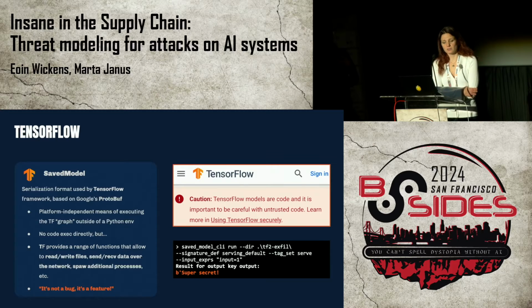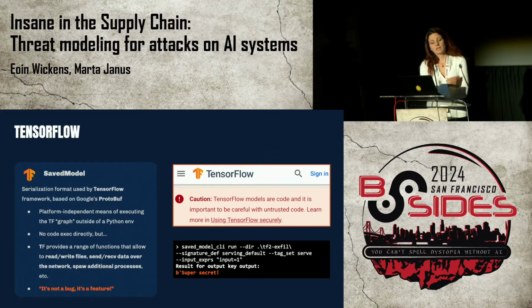So TensorFlow lets us read and write files to the disk via a machine learning model. It lets us send and receive data over the network. It lets us spawn additional processes. And if you put all these things together, it's super easy to actually create a malicious model that will either exfiltrate the data from the disk or drop a malicious binary, schedule it for execution, or spawn a process from inside the TensorFlow context.